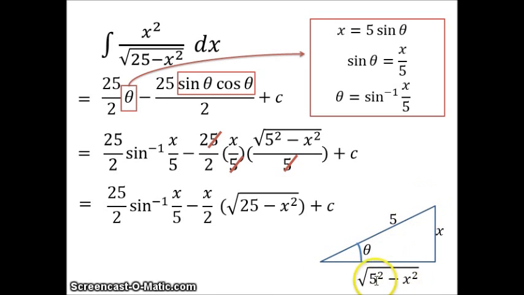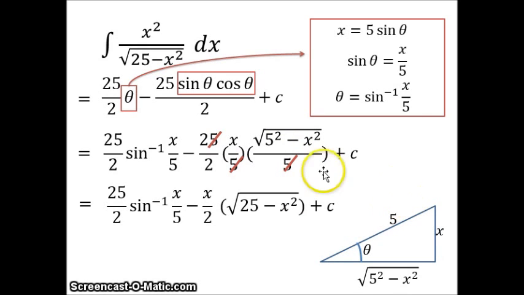But we don't have the adjacent. So your adjacent, using Pythagoras' rule, is your hypotenuse squared minus your x squared, which is your opposite squared. And from there we just put cos theta equals to the adjacent, which is this, over your hypotenuse 5.